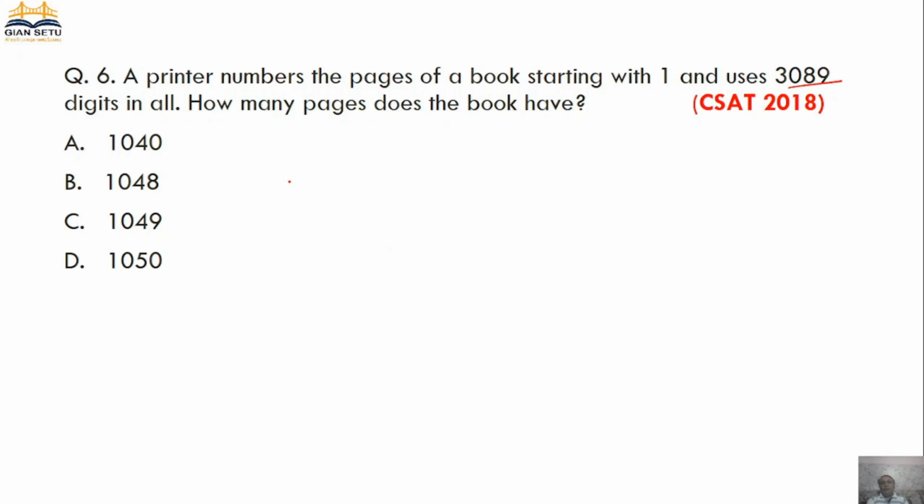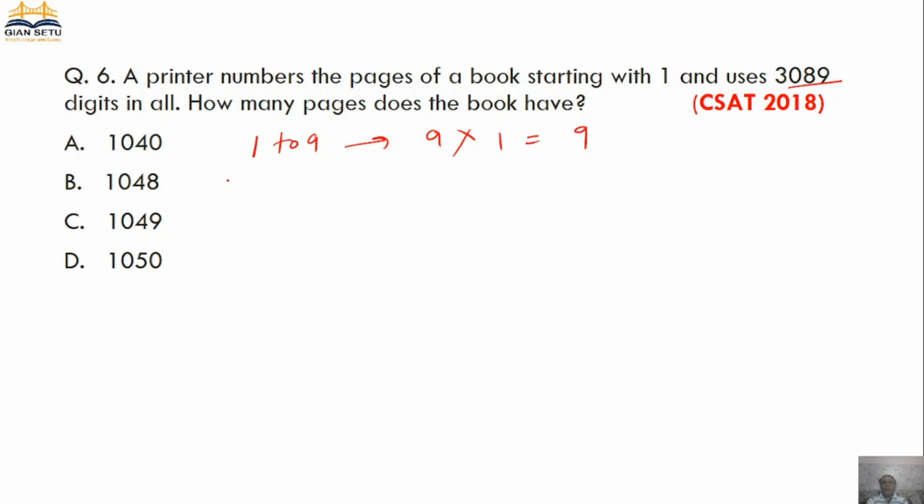Now let's see. When we print pages from 1 to 9, how many digits do we use? From 1 to 9 we have 9 numbers, and in each of these numbers we have one digit.